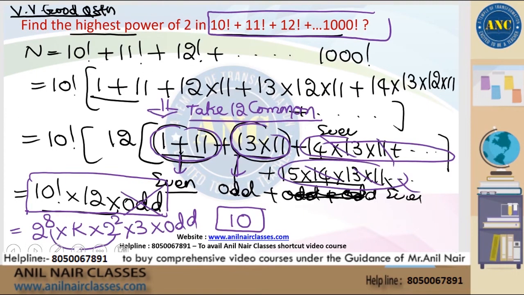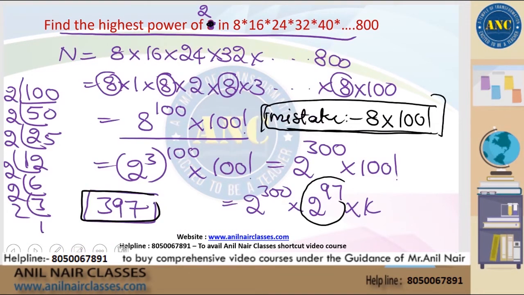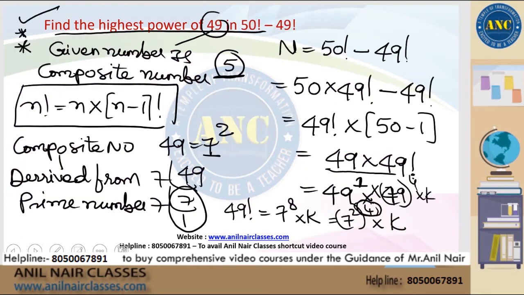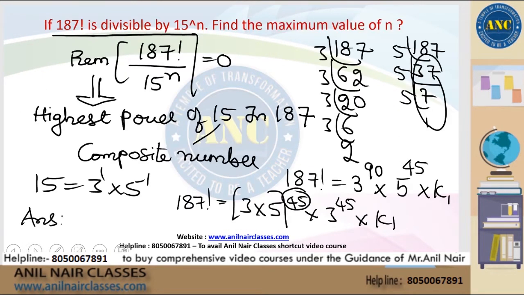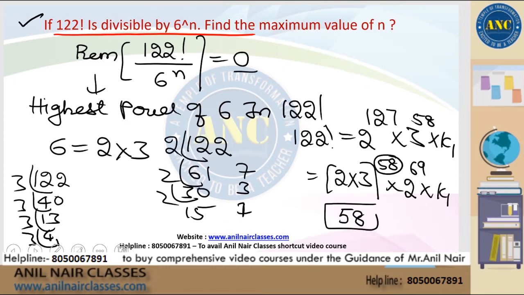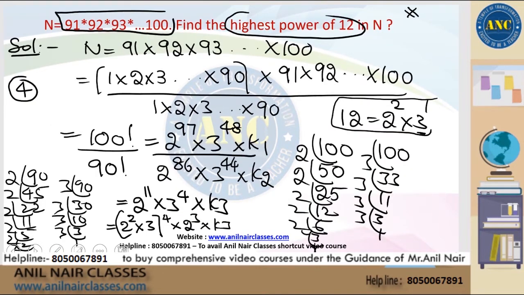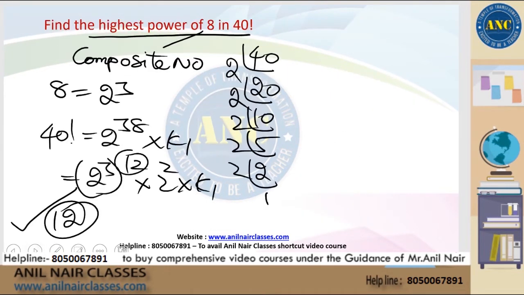Highest power of 2 when the factorials are added: one intermediate level question, one advanced level question. What if the numbers are multiplied? How to find the highest power of a composite number with the divisibility concept? Highest power of 12. I hope it is clear.